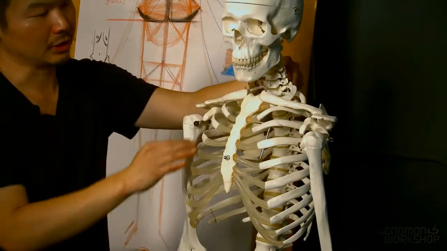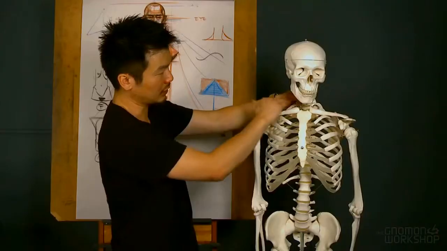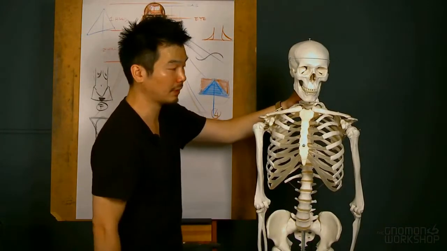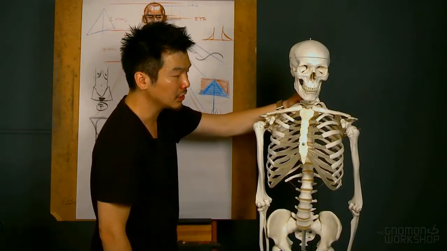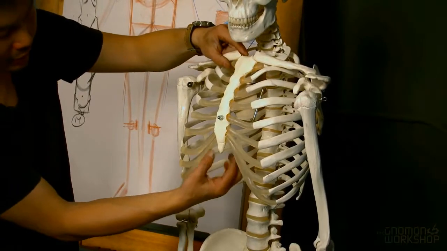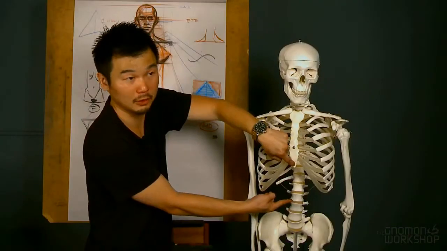The top is easy, just a little bit above the collarbone, as you can see on our skeleton. So how do we know where the bottom of the rib cage is? The easiest way, I will tell you, is to take the sternum, despite the little tail right here, and move that down. It'll give you the bottom of the rib cage.